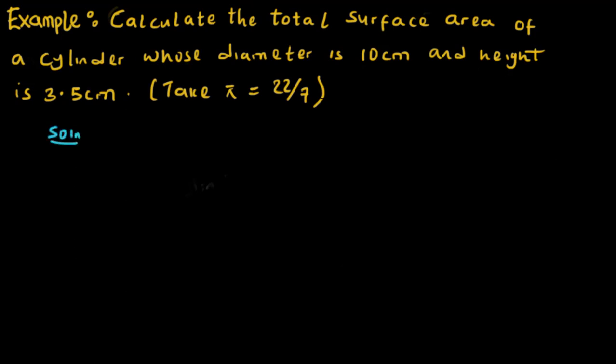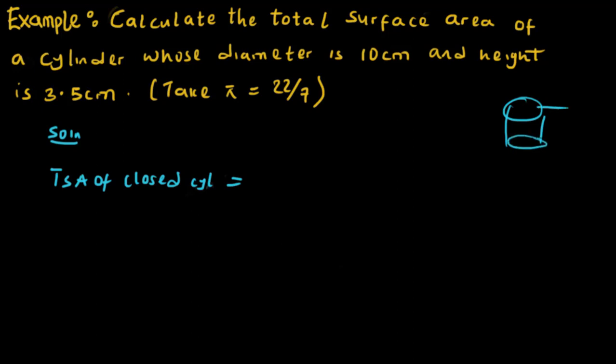Now in this case, we are not told if the cylinder is an open cylinder or a closed cylinder. But whenever you are not told the exact type of cylinder, you are going to assume that it's a solid cylinder, that is a closed cylinder. Does that make sense? So we have total surface area of closed cylinder equals, remember, don't forget the drawing.